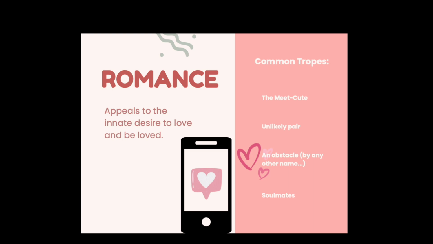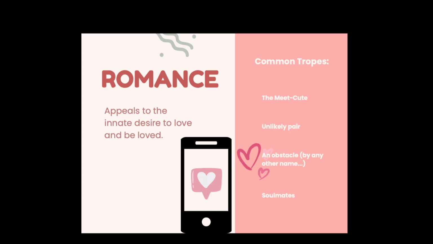Or it could be that one person is still embroiled in a divorce that's not quite finished. Anything along those lines, anything that presents itself as a hurdle that has to be jumped over in order for the couple to be able to establish a relationship, that's an obstacle. Standard trope within most romances.